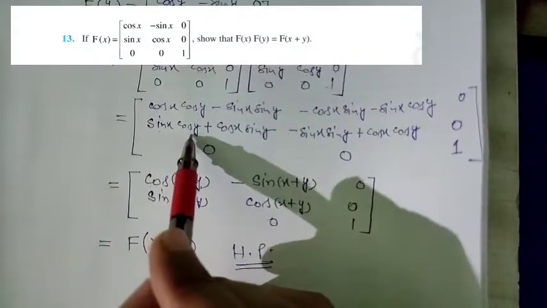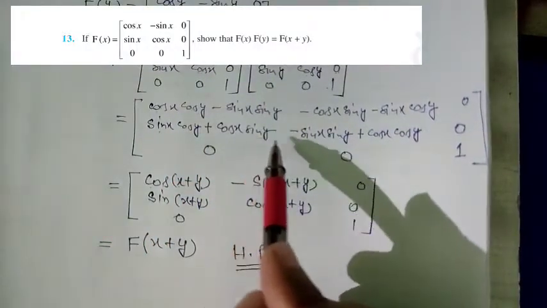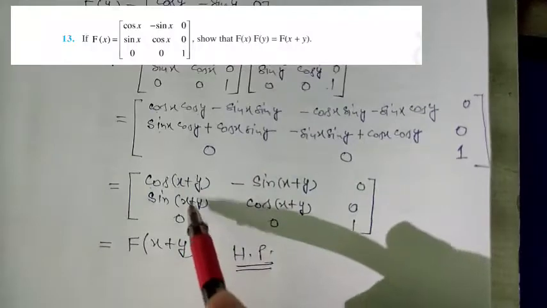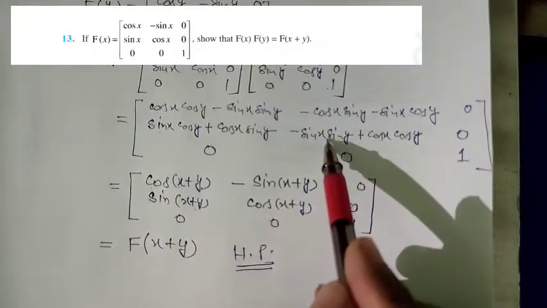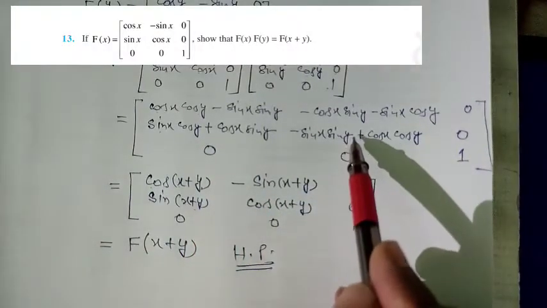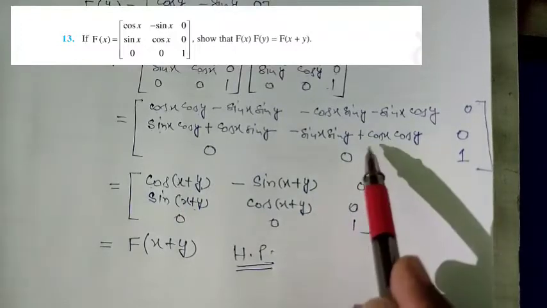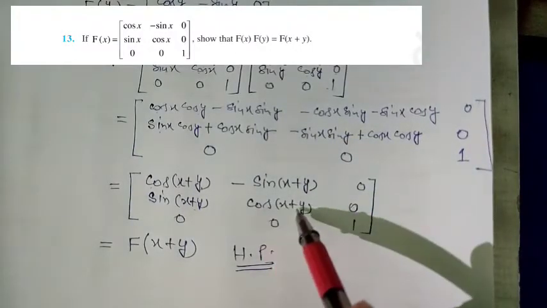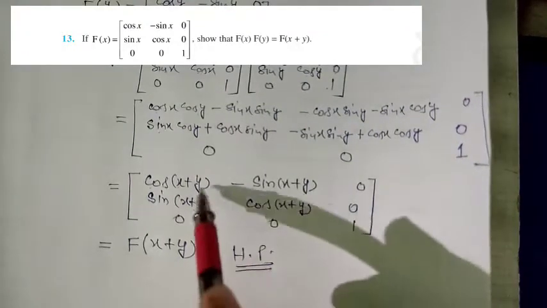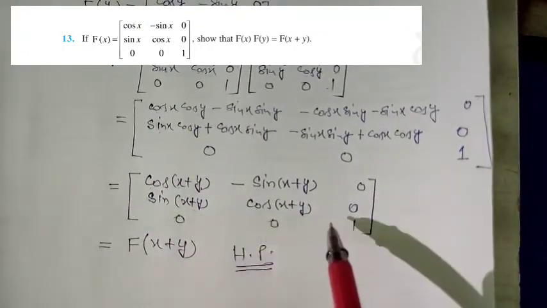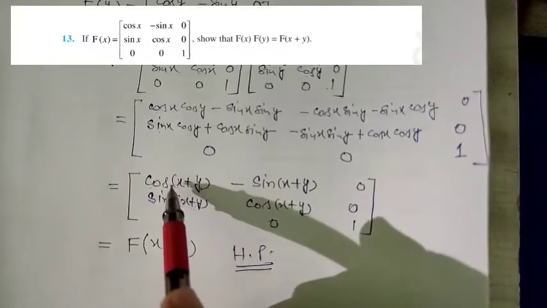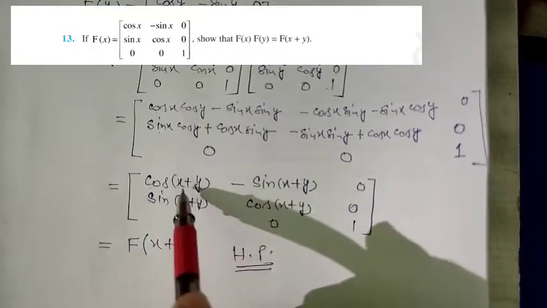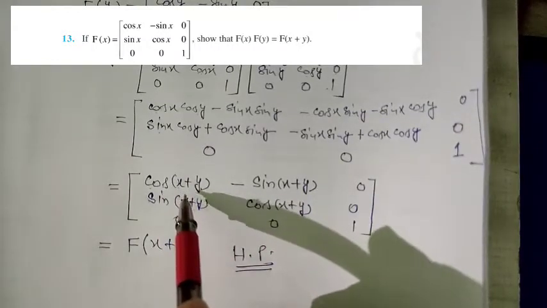Sin x cos y plus cos x sin y, we can say this is sin(x plus y), and similarly cos x cos y minus sin x sin y is cos(x plus y). If you compare this with the question, this is actually f(x plus y), because we are just writing x plus y in place of x.